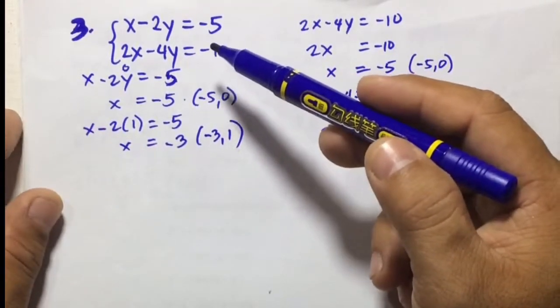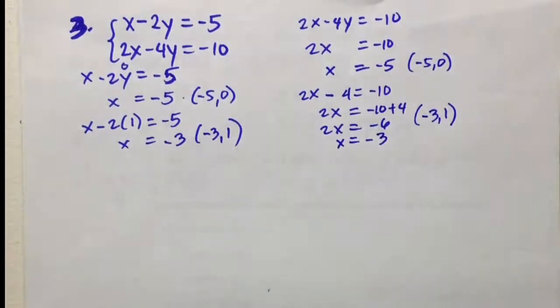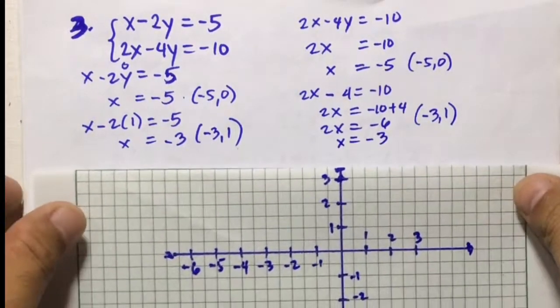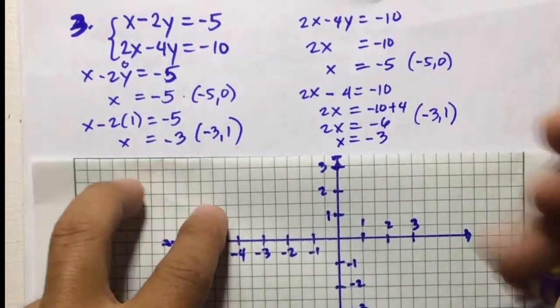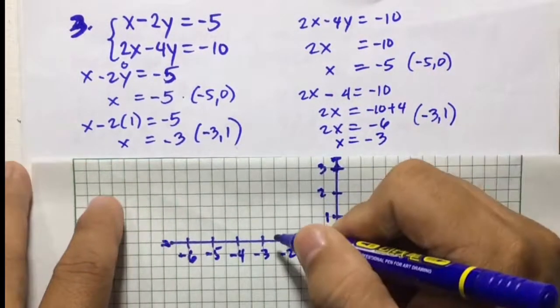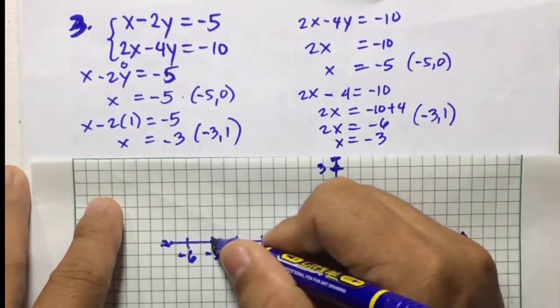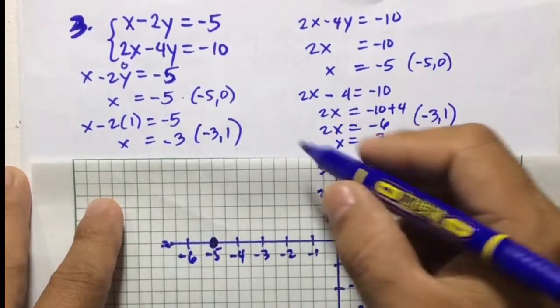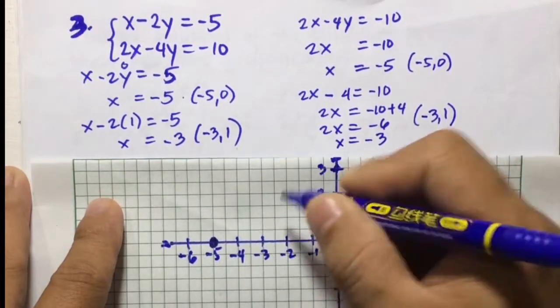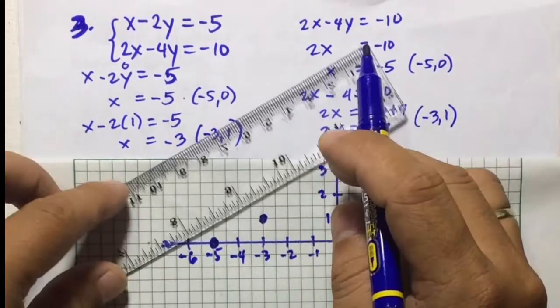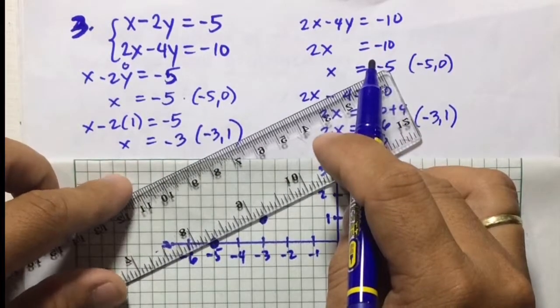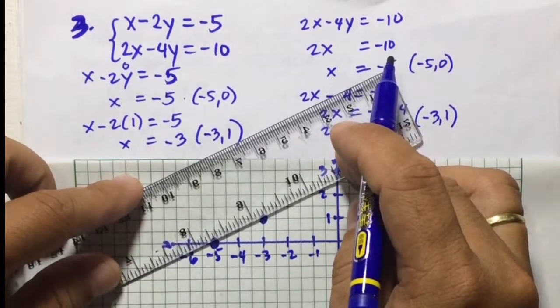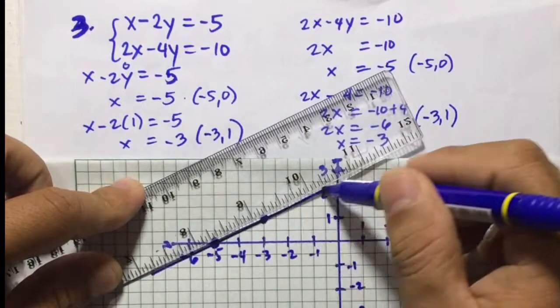So if we're going to plot these points here, the first point for this one is negative 5, 0. So negative 5, 0. Second point is negative 3, 1. Negative 3, 1. So connecting the two, we can have this graph here.